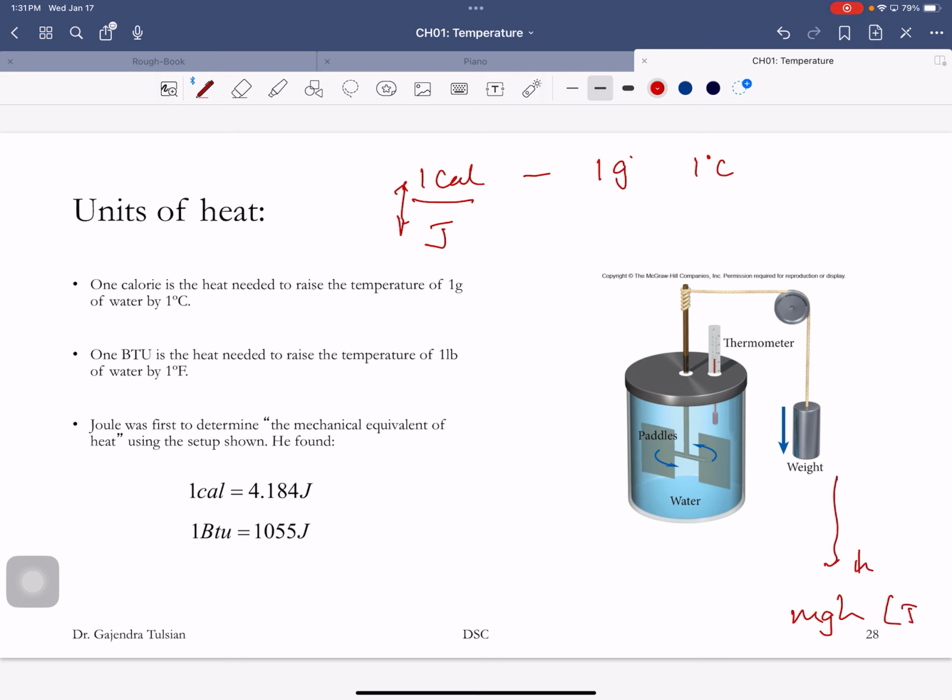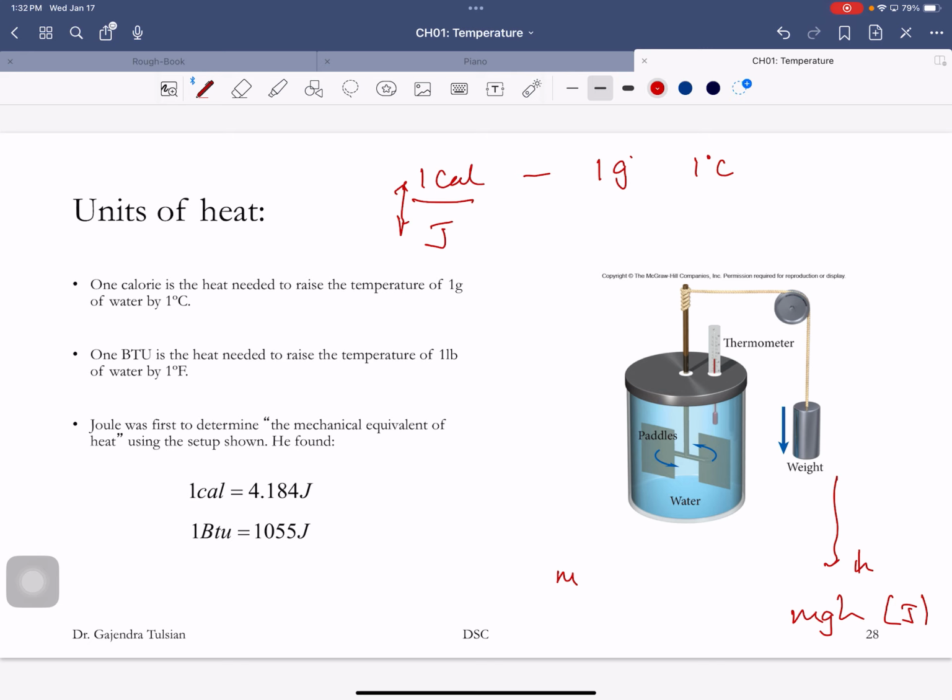And this you can calculate in joules. Okay? And what happens when this thing drops? The paddle spins, which heats the water. It warms up the water, and you can measure the temperature of the water. And that you can calculate in calories.